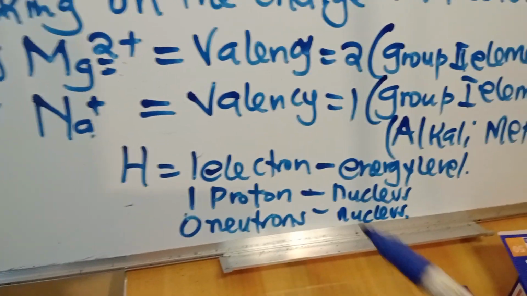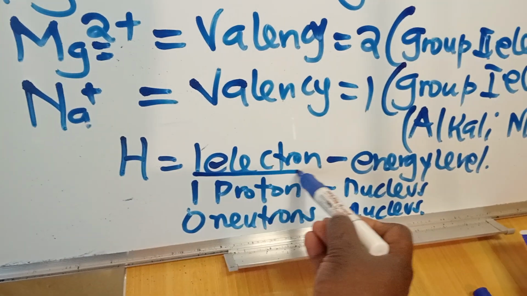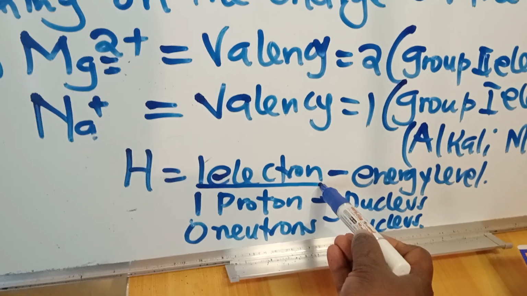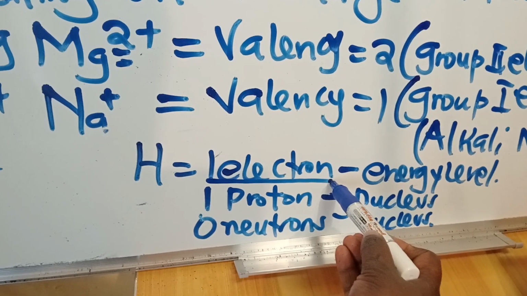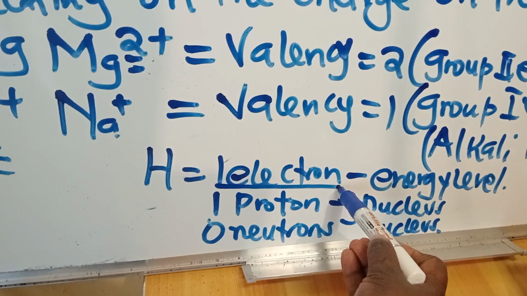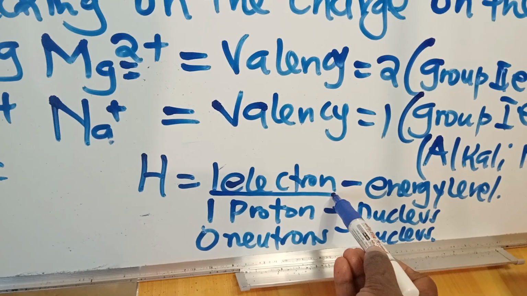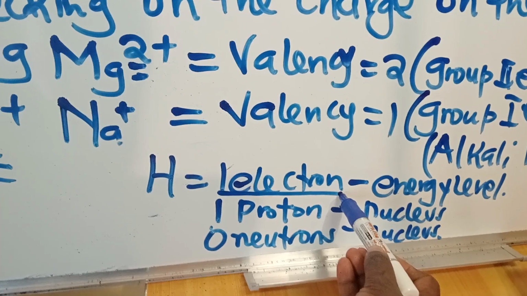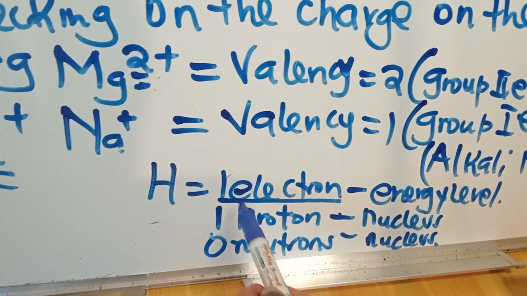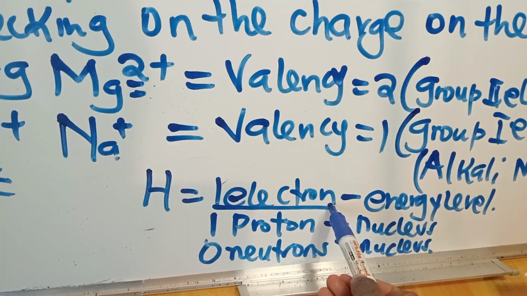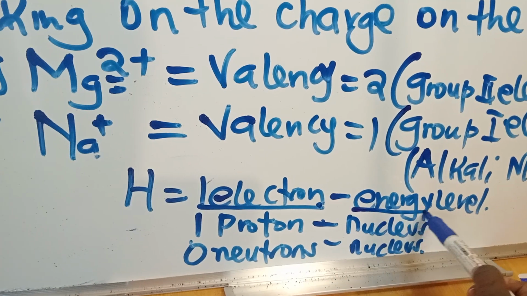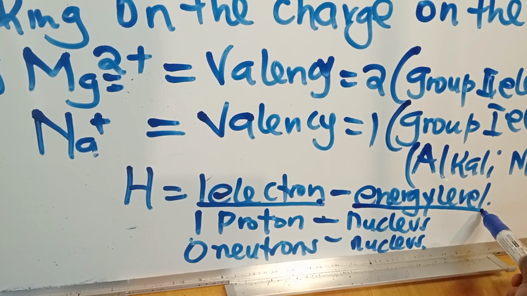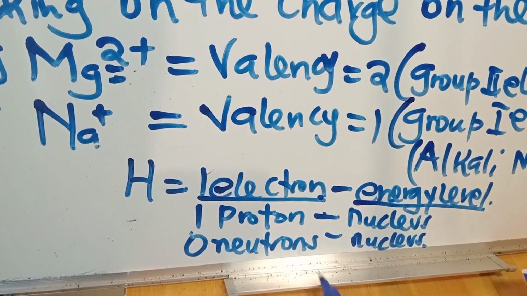So when hydrogen loses this one electron, for hydrogen, it only has one energy level, which is considered as both the innermost and also the outermost, the only one that it has. So if it loses this one electron, it will end up losing the only one energy level that it had, so it will only be left with the nucleus.